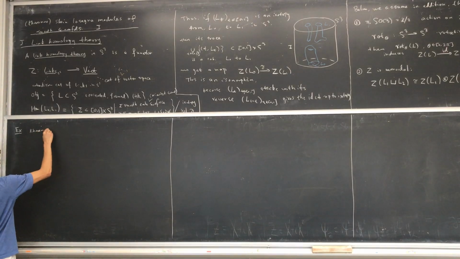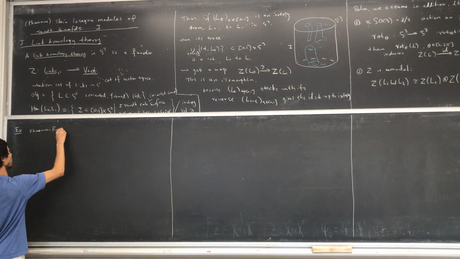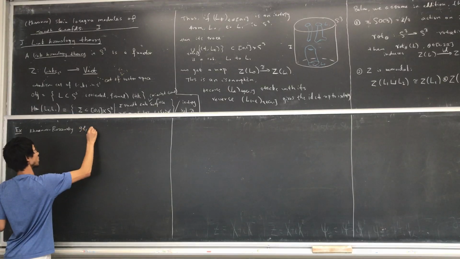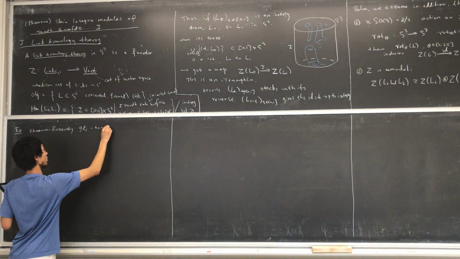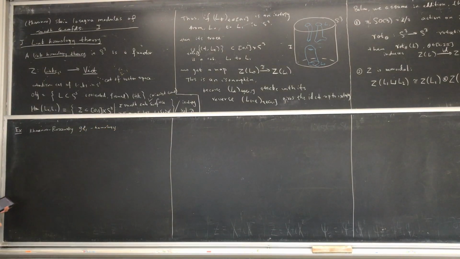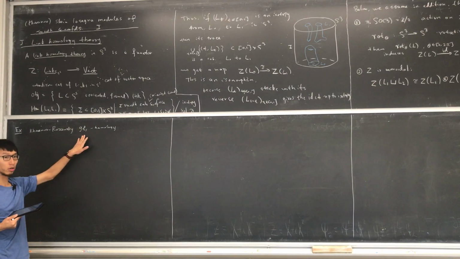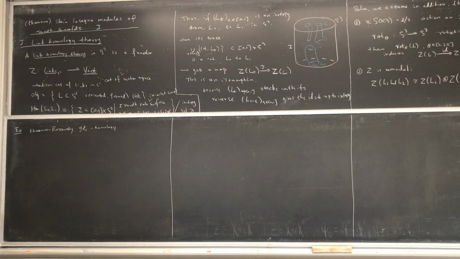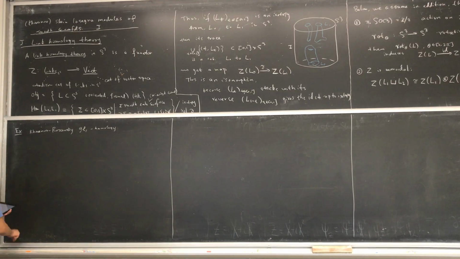It's called Khovanov-Rozansky gl_n homology. More generally, I guess Khovanov and Rozansky define the gl_n homology for any positive integer n. But in the case when n equals 1, this is actually a very boring theory, as you will see.